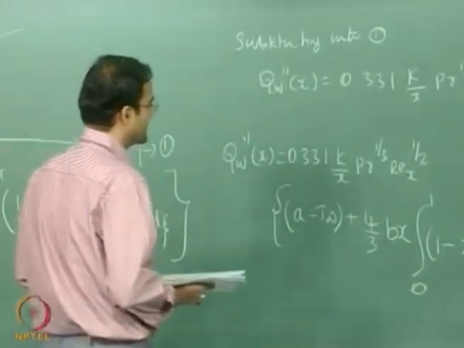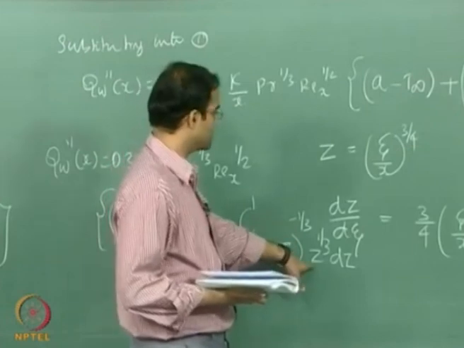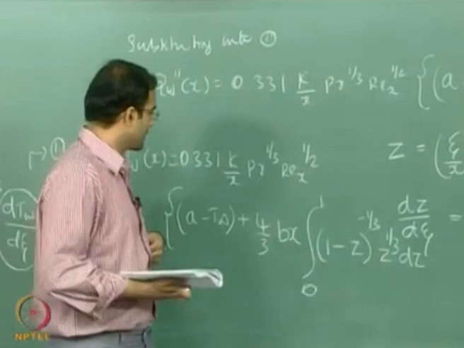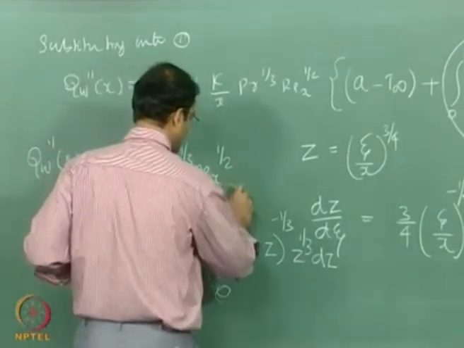Just check: 1 minus z to the power minus 1 by 3 into z to the power 1 by 3 dz. So now I have transformed that to this integral right here.